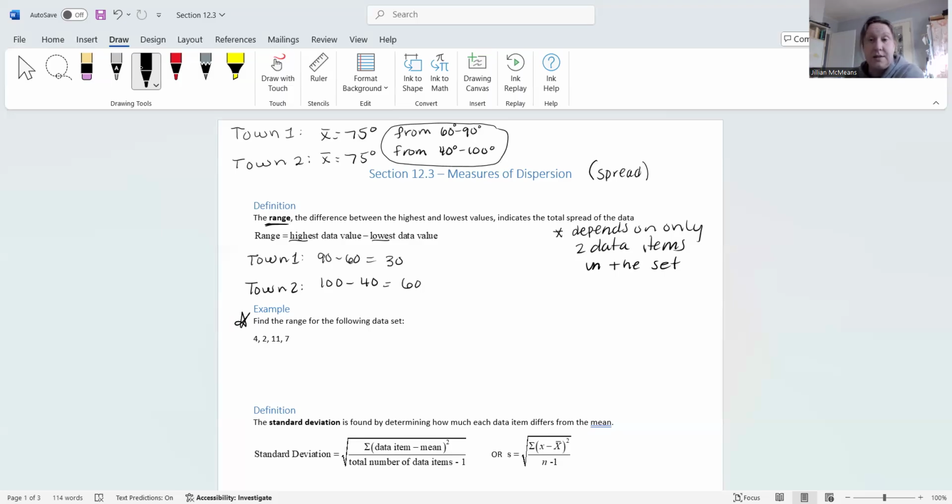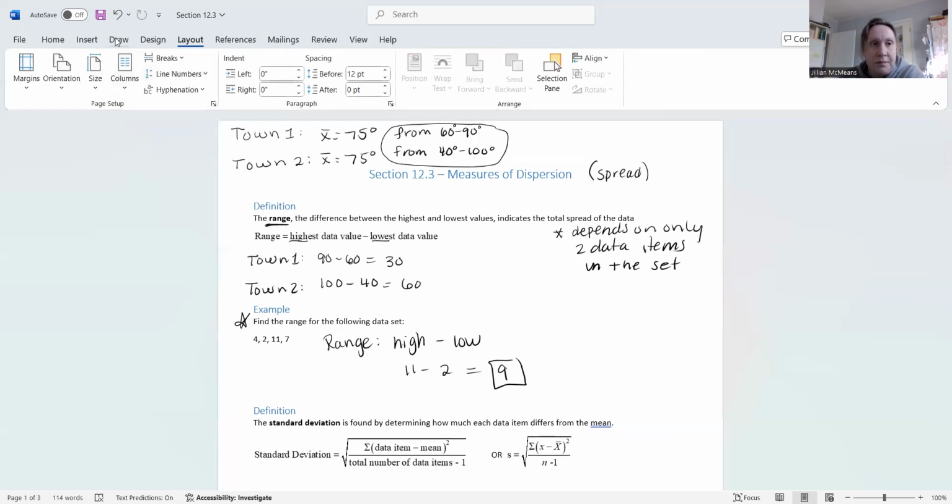We can just take a glance at this data set and find the range. But for the sake of the notes, you take the highest minus the lowest. So we would take 11 minus 2, and we have a range of 9. All right, so that is the first measure of dispersion. It really can't get any easier than this. You just take the highest, subtract the lowest, okay?